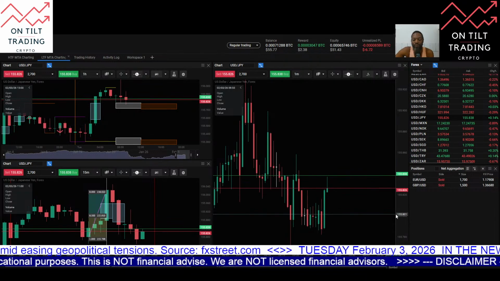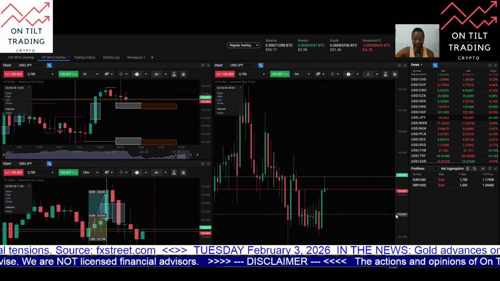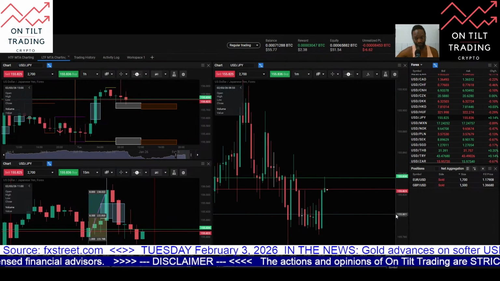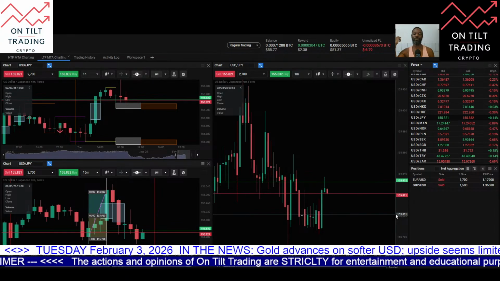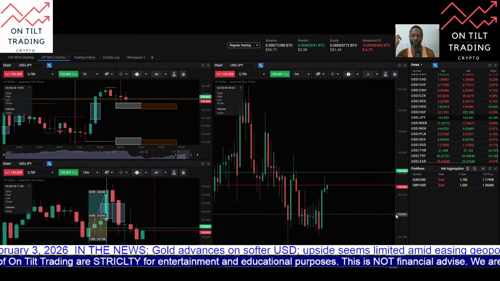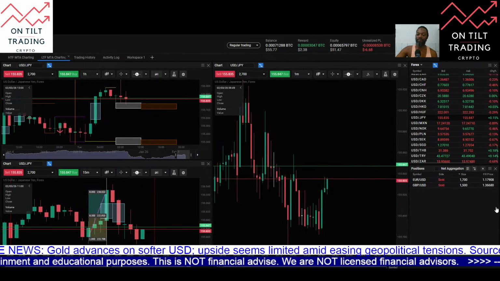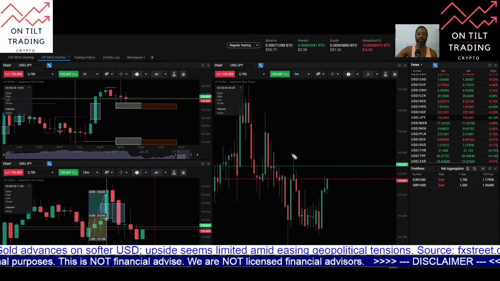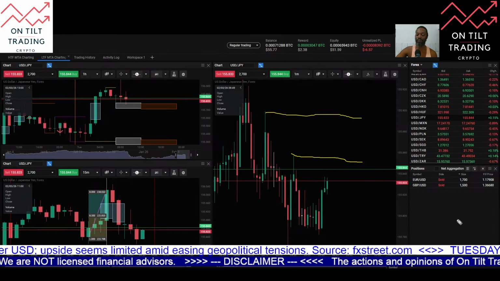Let's see if this will make a gap, and then we'll see if it will leave a gap. And this is traded into the gap, so I won't use this gap, but we'll see if it sets up another gap. So right now, potential shift levels being here and here.